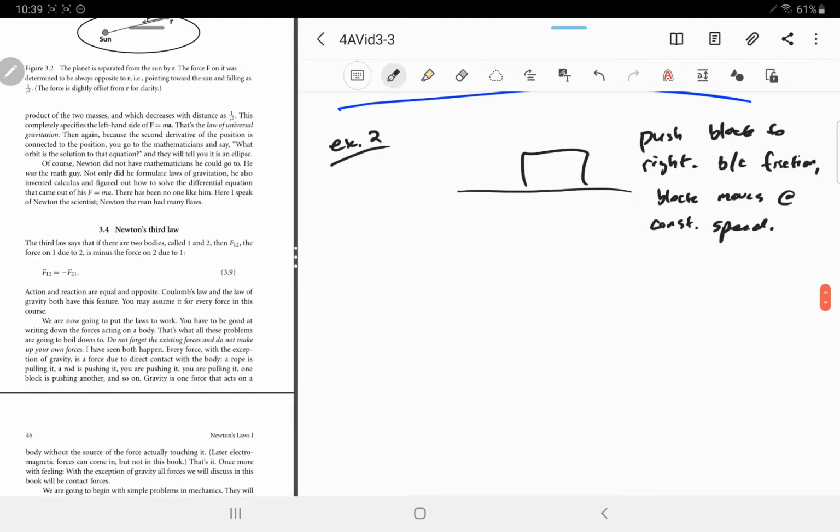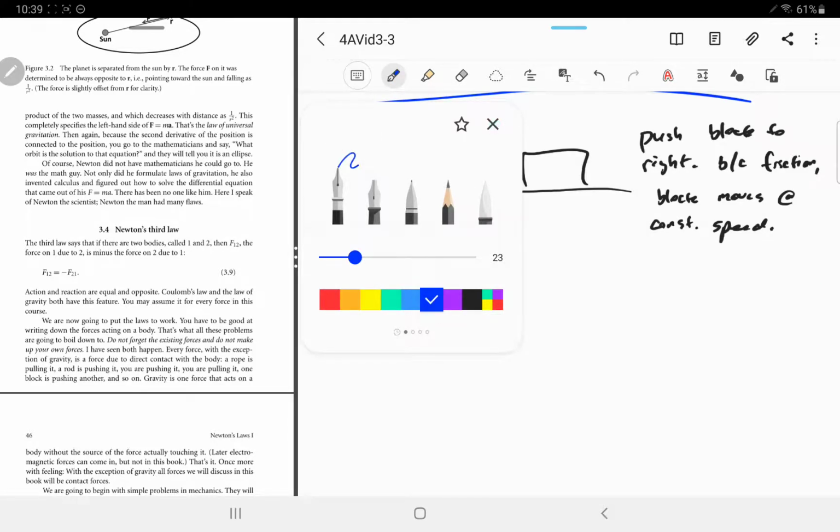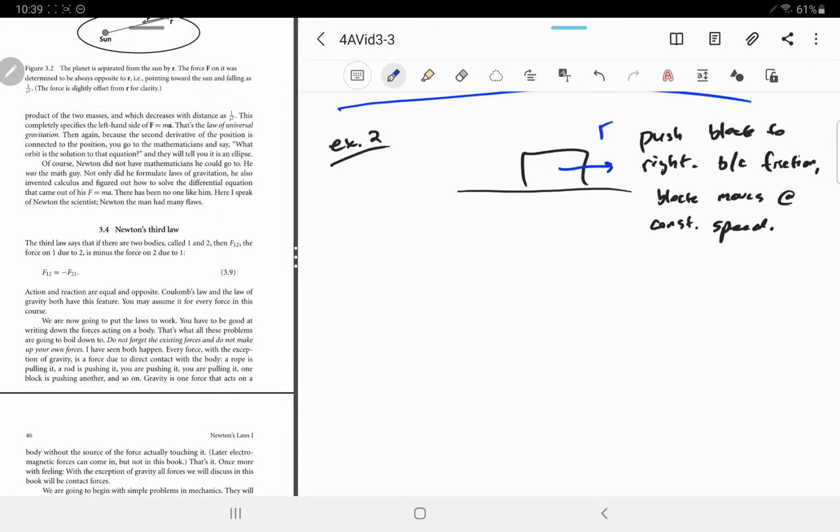Okay, so the free body diagram: there's an applied force. This is the person pushing to the right, F applied. And then there's a frictional force acting to the left, which is why the block isn't accelerating. We'll label this with the lowercase f for the frictional force. Then there's a normal force up and the gravitational force down.